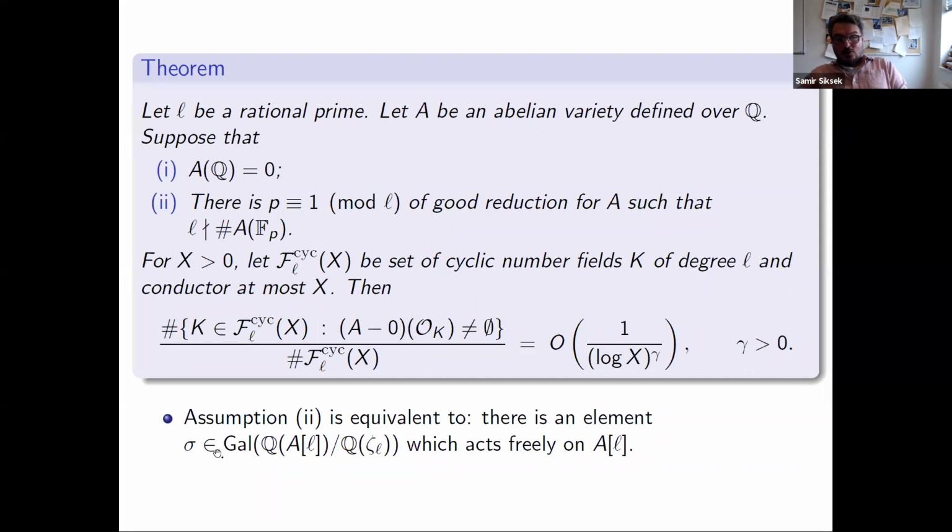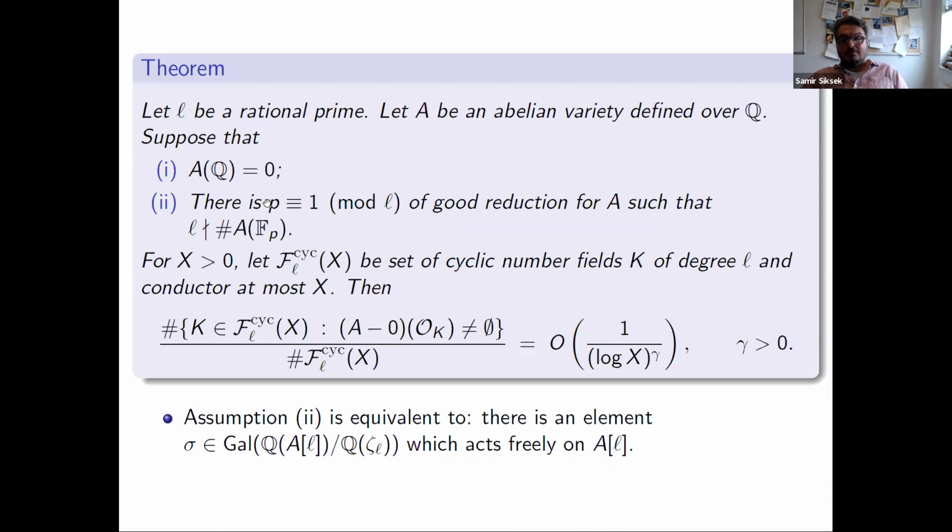Assumption 2 here is equivalent to this Galois-theoretic formulation: there's an element in the Galois group of this extension, Q(A[L], zeta_L), what I get when I join the L-torsion of A over Q(zeta_L), that acts freely on A[L].